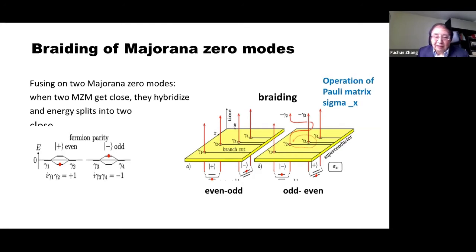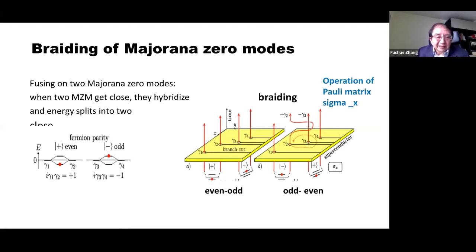One is that the lower level is occupied, and that corresponds to the so-called even parity. That's the left side. The red dot indicates the occupied fermion. The second case is that the upper level is occupied. This is the first excited state in my example of the Kitaev chain.